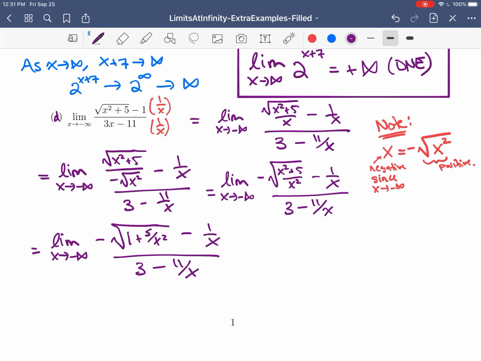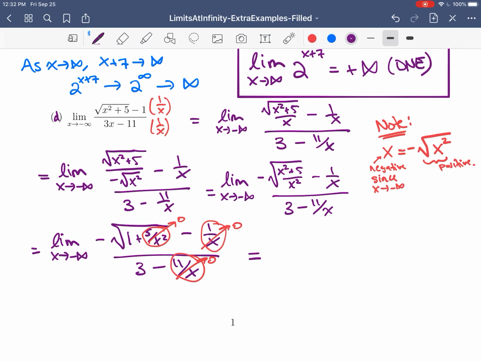Okay, and now we can compute the limit. Like we did last time, I'm not going to write it out, but the limit can go inside of the square root. It can go to all the terms. All the terms that are constant over x go to 0 when we take the limit.